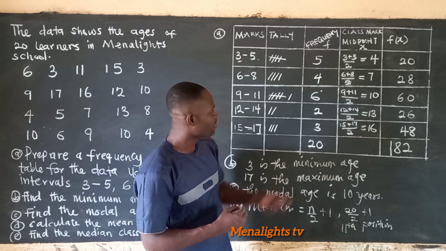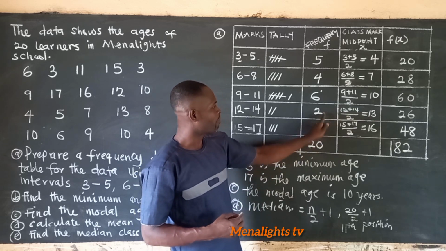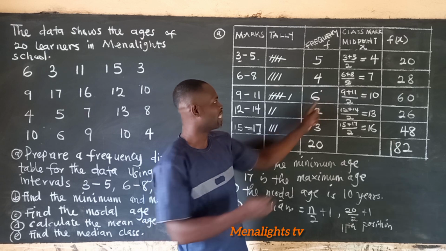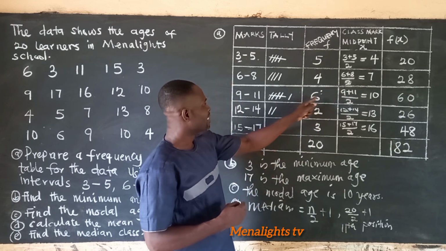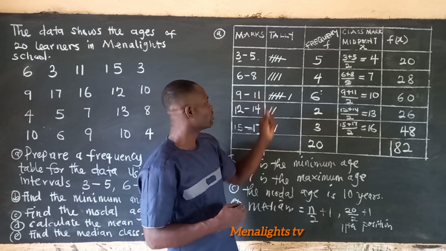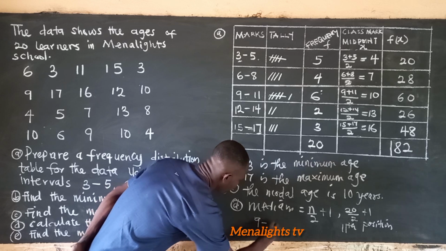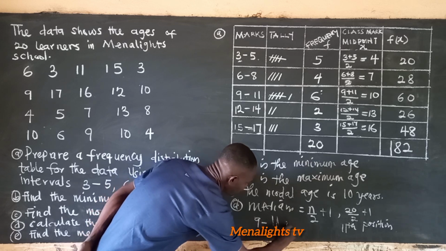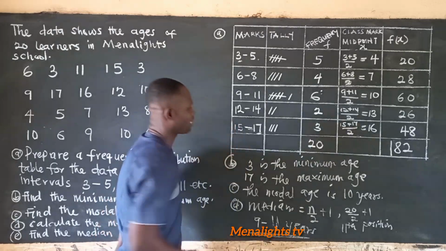Then from there, 5 plus 6 will give us 11. So that means our level is here. So it means that the median class is between 9 to 11. Median class 9 to 11 years. So that's our median class.